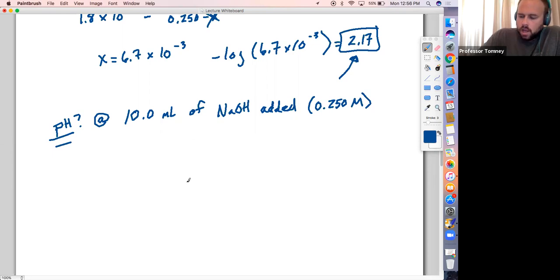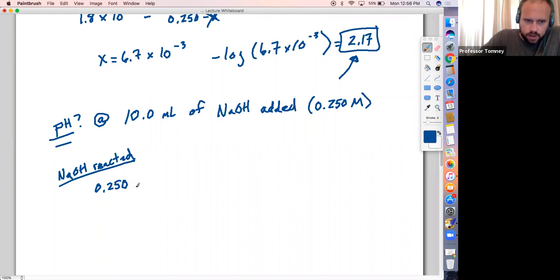All right. So what we need to do is first consider, well, how much NaOH was reacted? Because we know however much NaOH reacted, that's going to be the amount that we remove from the initial formic acid. So I would say I've got a concentration of 0.250 moles for every 1 liter. That's the molarity of it, right? And then if I move forward, I said I used 10 milliliters of this.